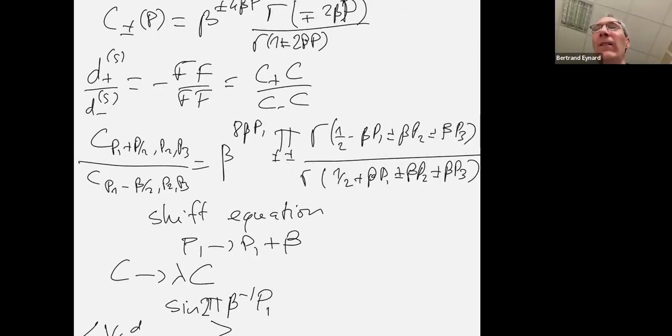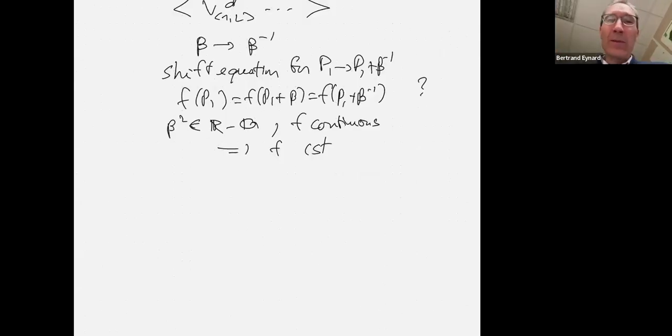And in fact, we can see it because on the left-hand side, we have P1 plus beta over 2 and P1 minus beta over 2, but that's not what we have on the right-hand side. On the right-hand side, we have a ratio of P1, and then on the denominator, the same function of minus P1. Well, we replace P1 with minus P1. And really, it suggests that the solution will not be built from gamma functions, but it will be built from something else, from Barnes double gamma functions. So that's section 2.4.